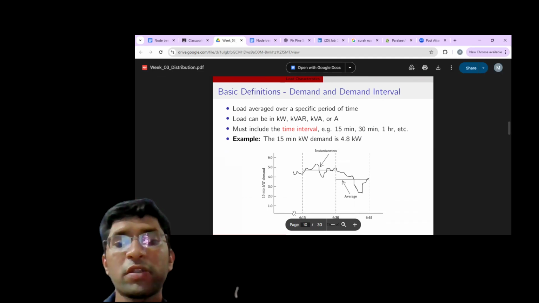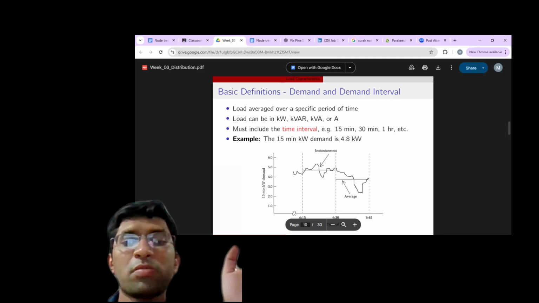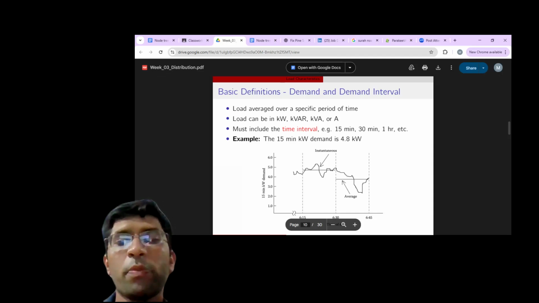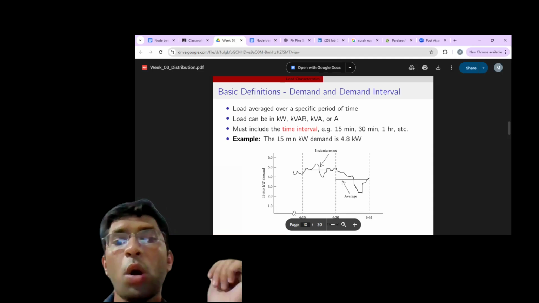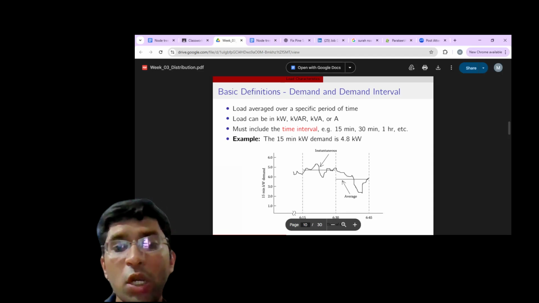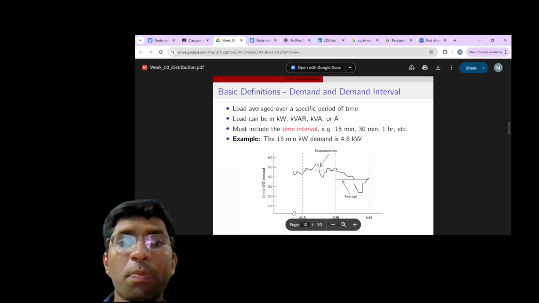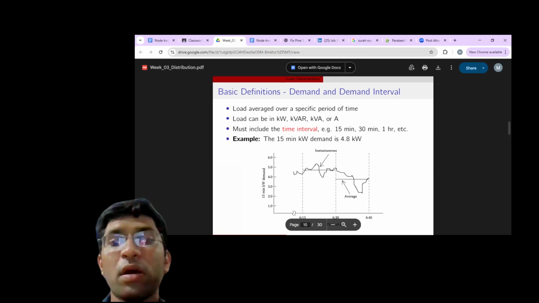One of my great professors used to say that reactive power is just like a person hopping from one sofa to another; it doesn't play an active role. It is just reactive. It is just required to maintain the equilibrium. So you must include the time interval: demand is the load averaged over a specific period of time, and the load is in kilowatts, kilovars, kilovolt-amperes or amperes. So you must include the time interval, 15 minutes.